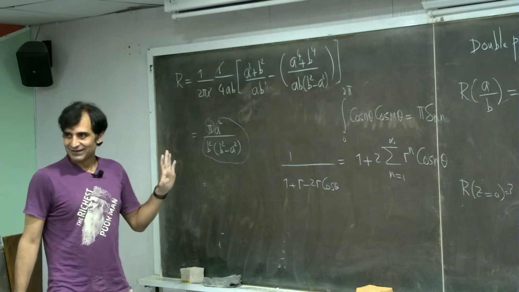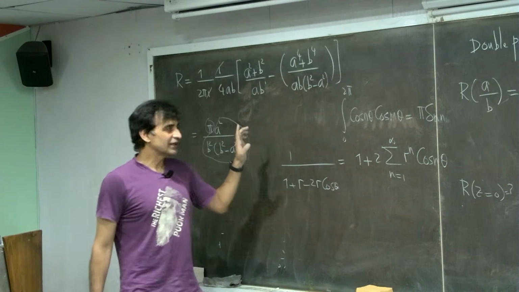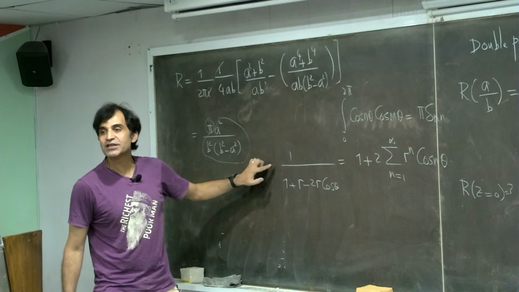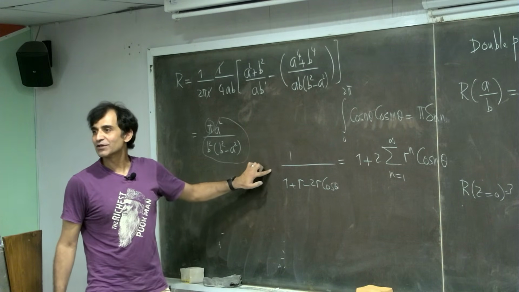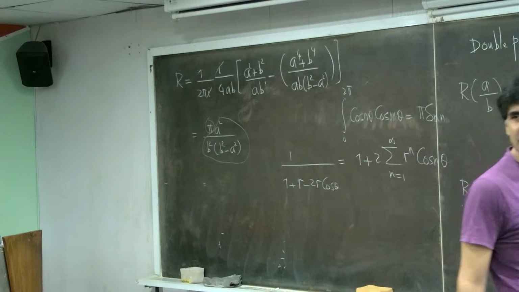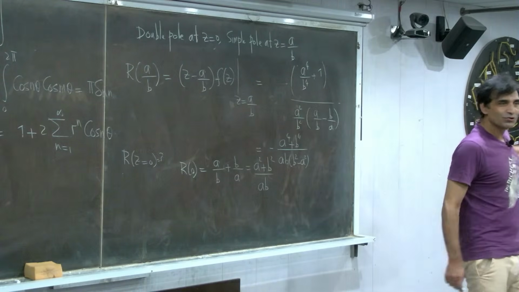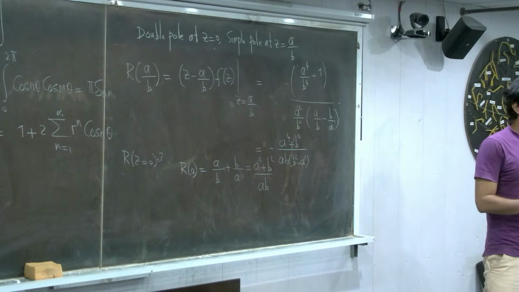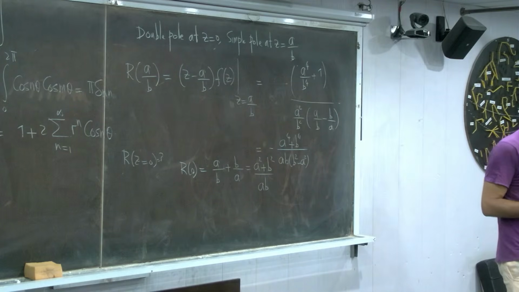So someone has to tell you these identities if you don't remember them. But for complex variables, you need not memorize any identity. You just have to do a very simple calculation with the very basic concepts of the residue theorem.